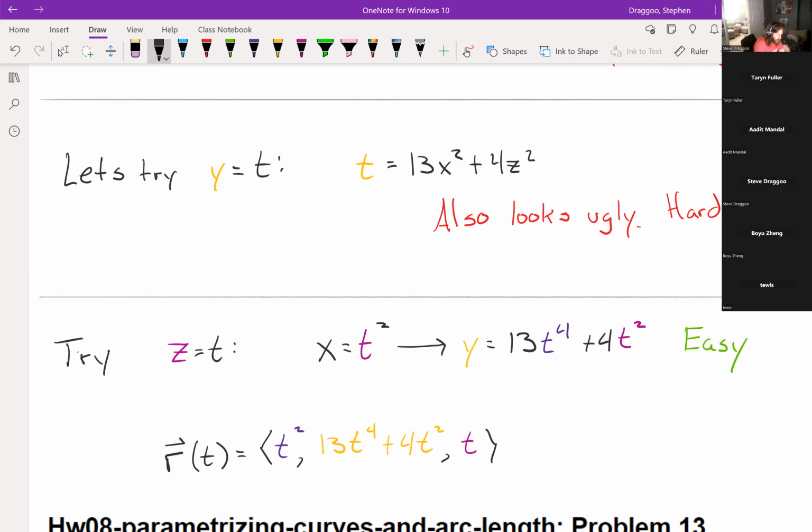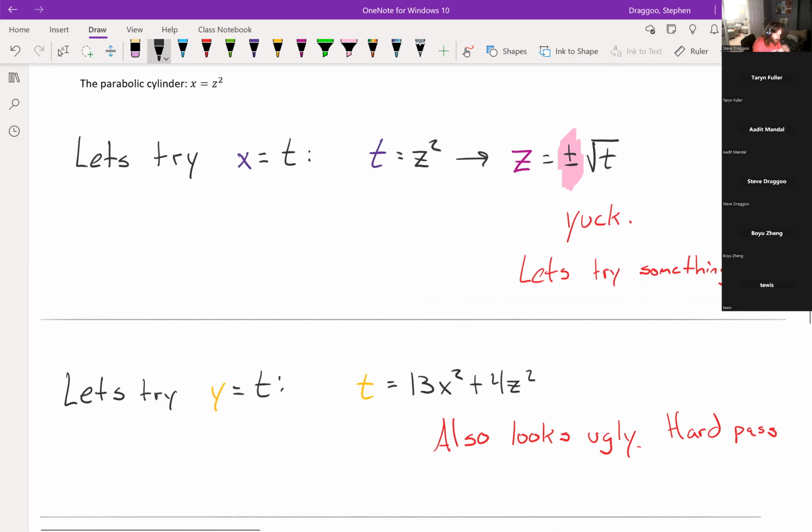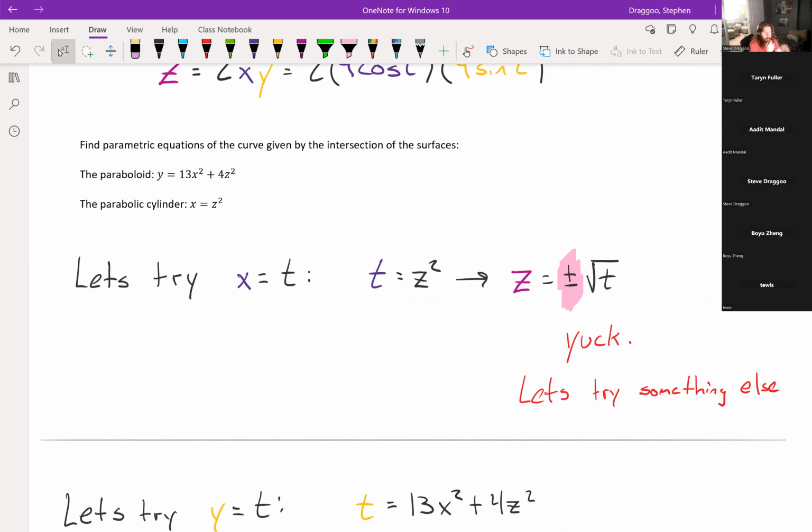And so if I were to have looked back up at the beginning to decide what parameterization I think might be best, well, I've got two equations that are x equals something and y equals something, right? So I could have a pretty easy equation for both x and y, as long as I already knew what z was.